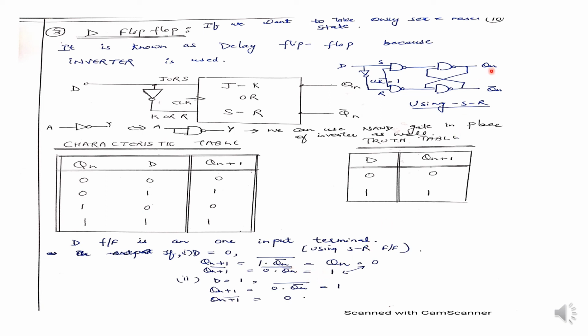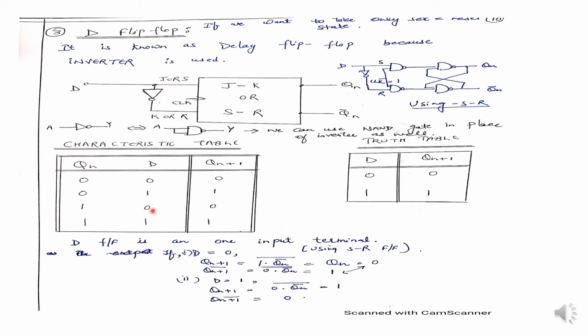If we are getting 1, automatically this will be 0 because we are getting the value here. This will be 0. So you can see here, if Qn, the assumed output, is 0, the output is 0. It is the same.